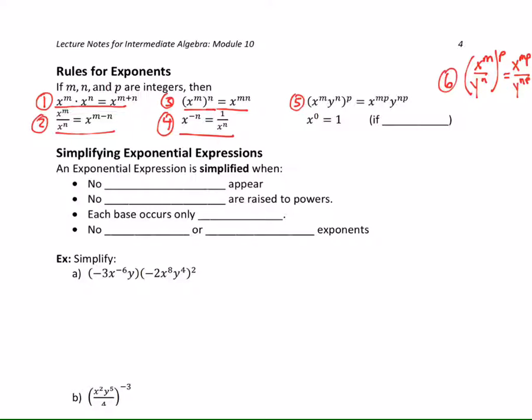So not only can you multiply the exponents times 2 factors that are multiplied together inside, but also if you have a fraction like this, you can raise the numerator and the denominator both to the power p.